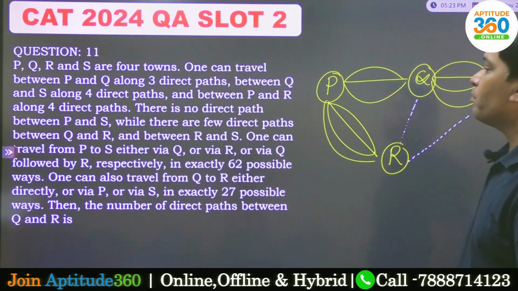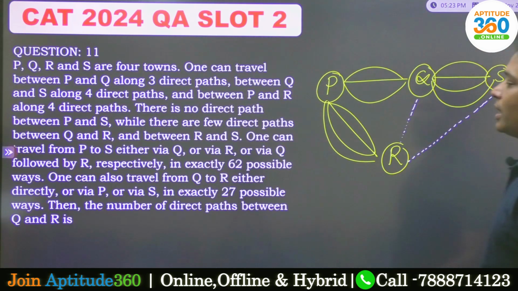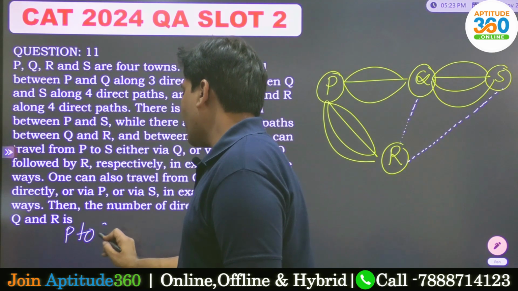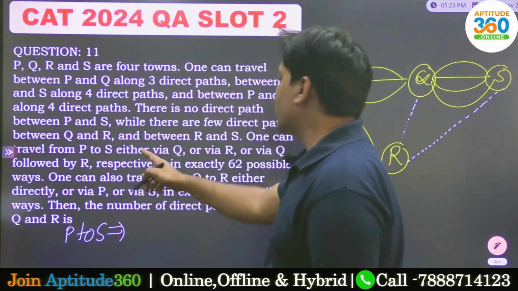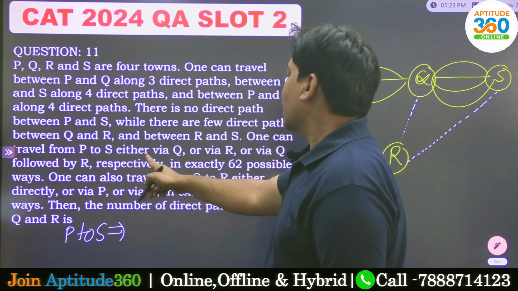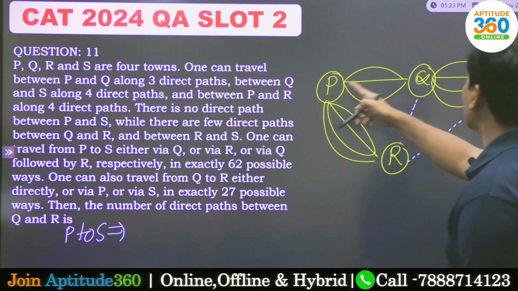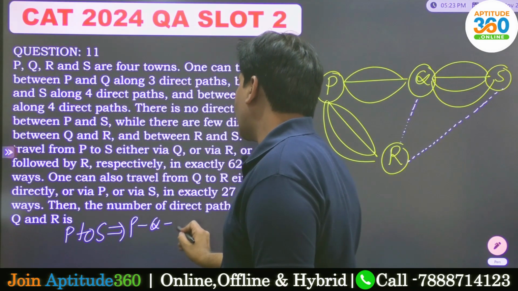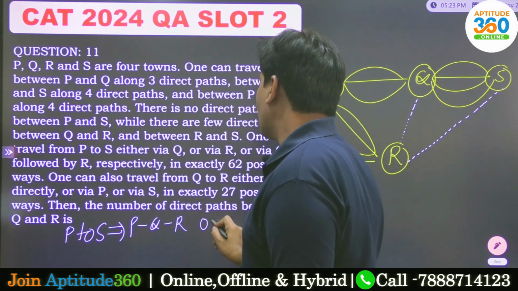If someone has to go from P to S, how can they go?